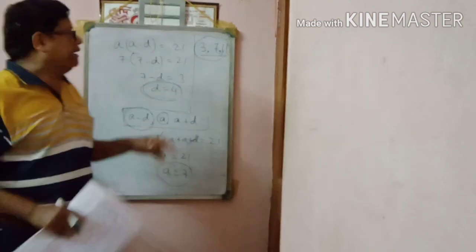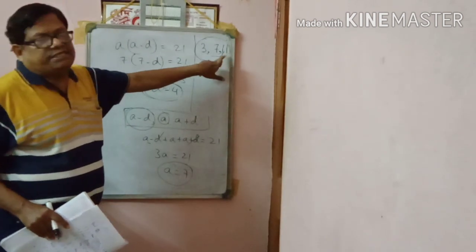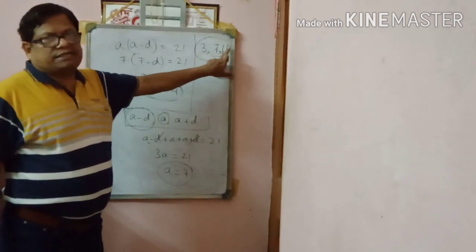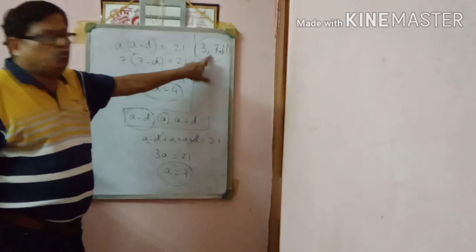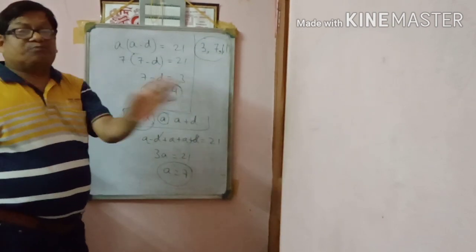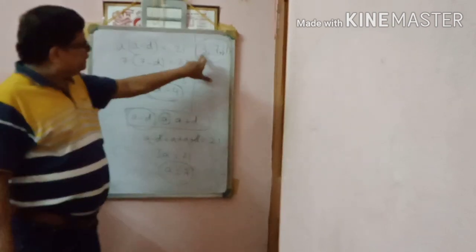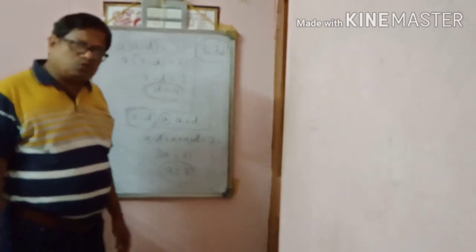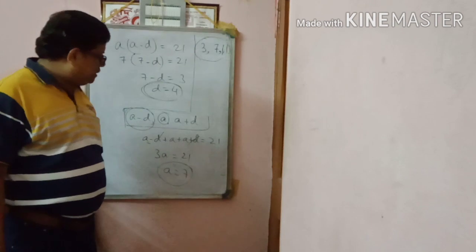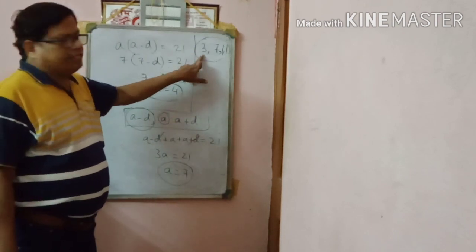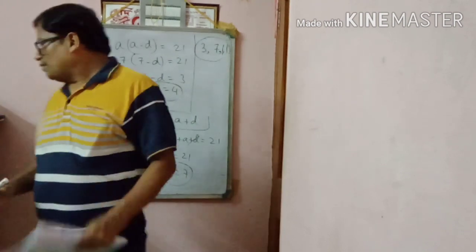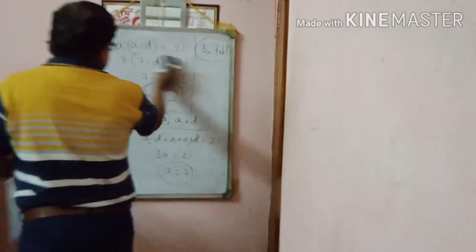You add these three, 3 plus 7 plus 11 equals 21, and the product of these two, 3 into 7, is 21. Not understood? Yes, very good. Now, next.